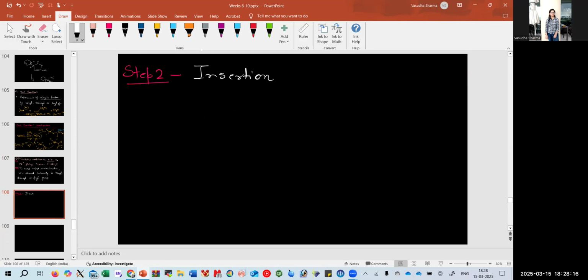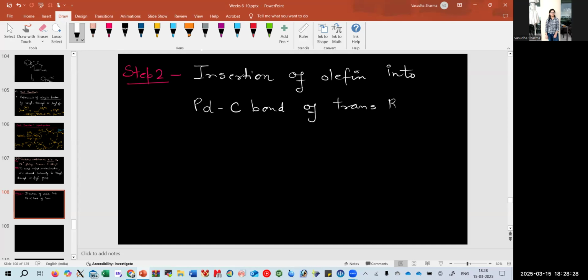Once that is done, then the olefin will be inserted into the palladium carbon bond of trans RX palladium L2X, followed by, once that has happened, a beta elimination, because as and when the olefin gets inserted, there would be a formation of some interaction between the olefin and that R group.